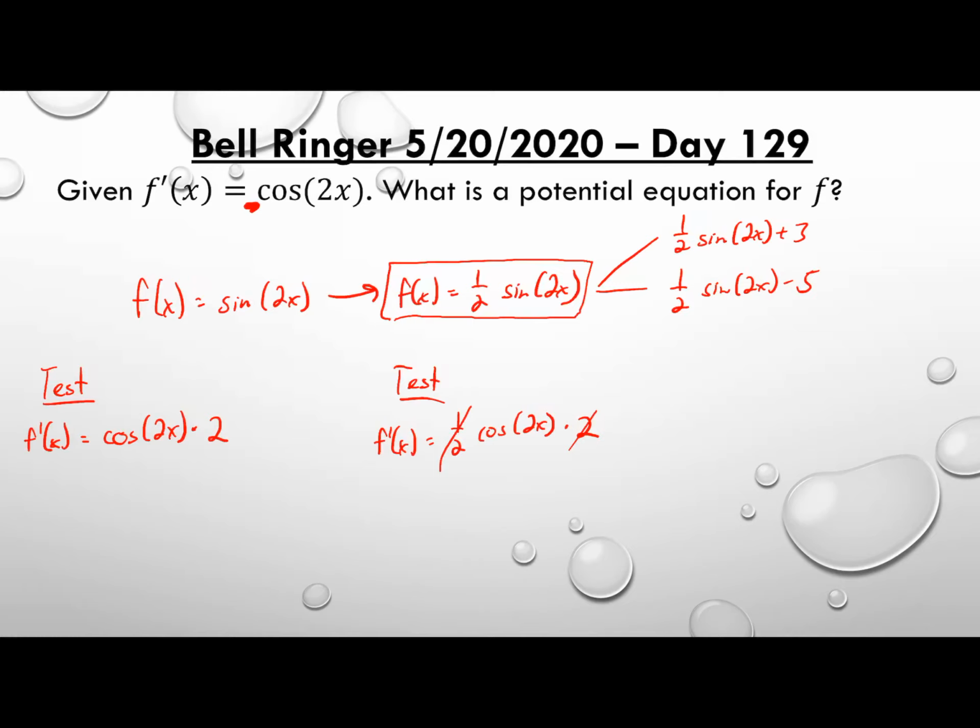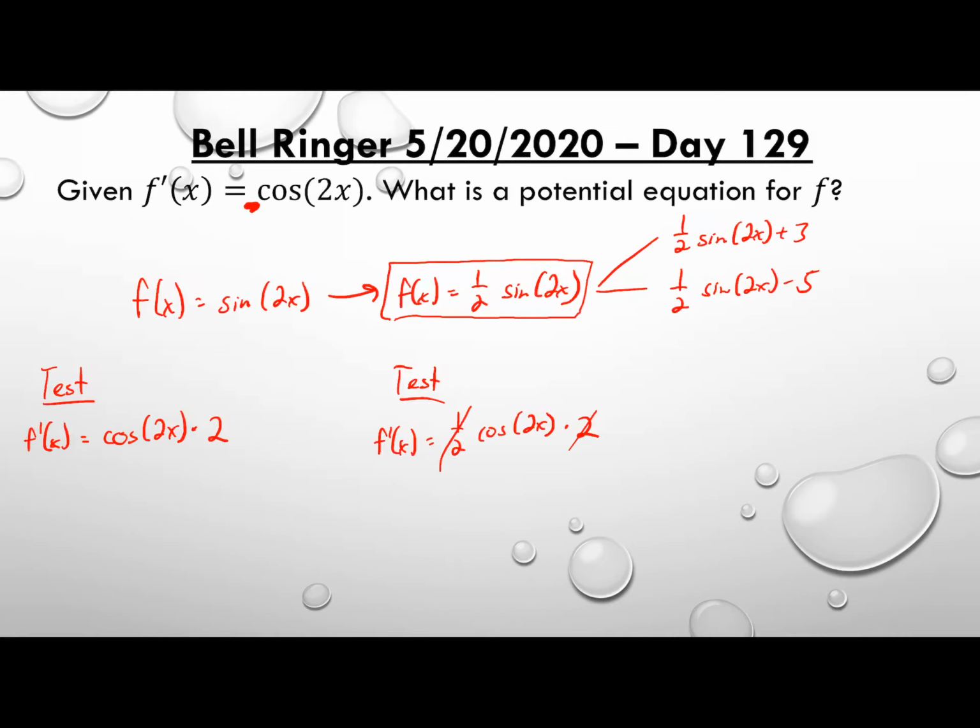We could have added or subtracted any constant because when taking the derivative of this function, that constant would just become 0, right? The derivative of a constant is always 0. So we have our answer of 1/2 sine of 2x. Just a little bit of practice of finding antiderivatives.